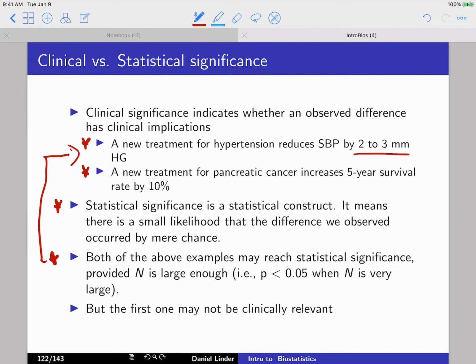For instance, you may have had an odds ratio of 1.1, and you may have gotten a p-value that's less than 0.05, but what does an odds ratio of 1.1 really mean in terms of whatever the clinical problem is that you're studying? So the point is, sometimes you can have statistical significance, but clinically it means nothing.